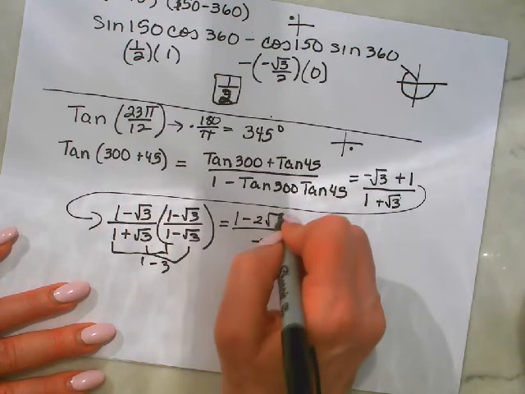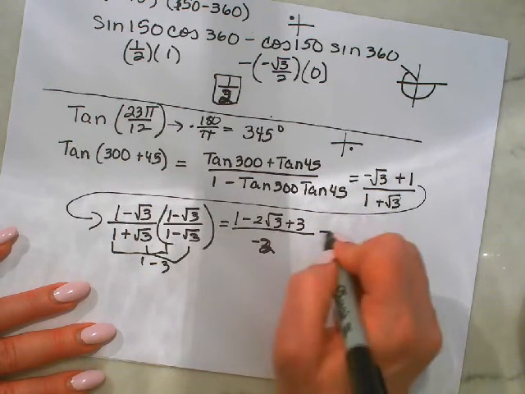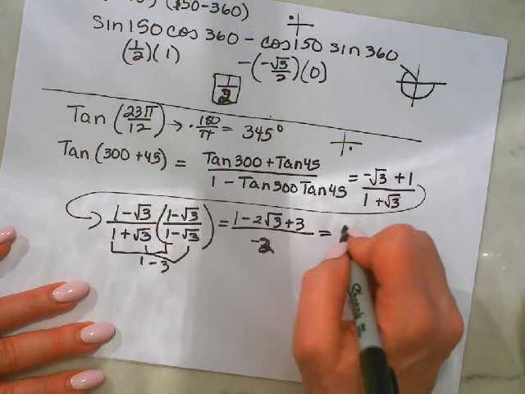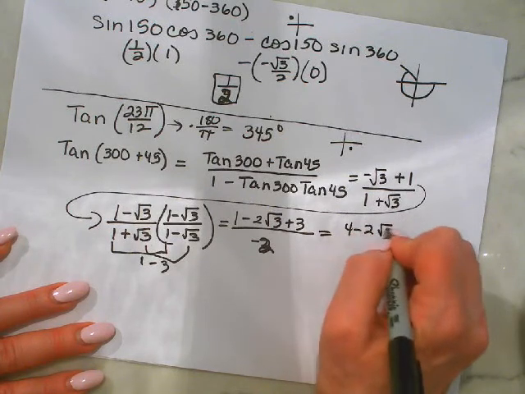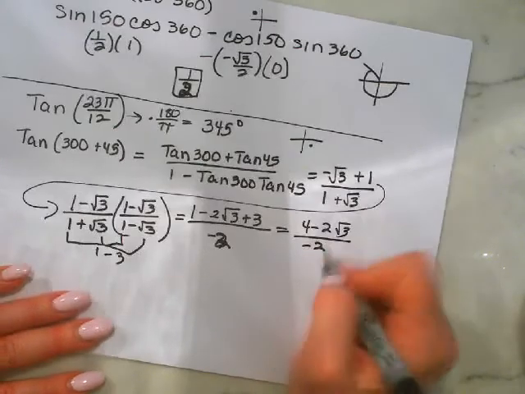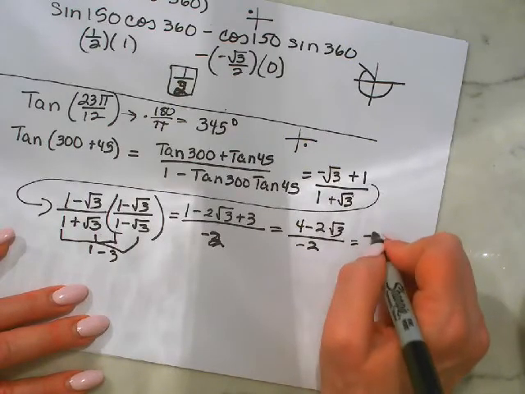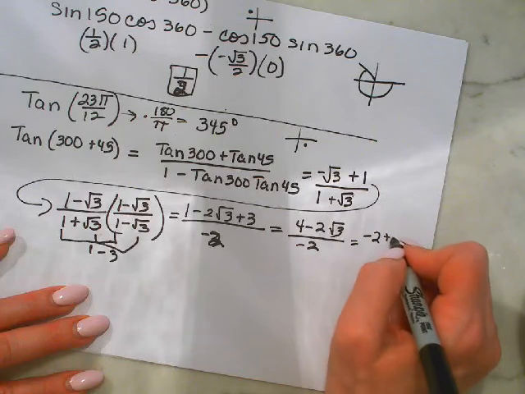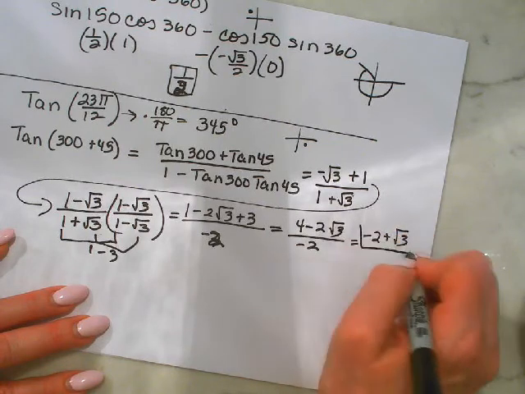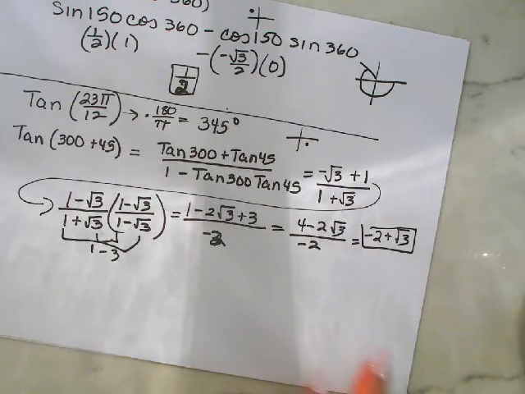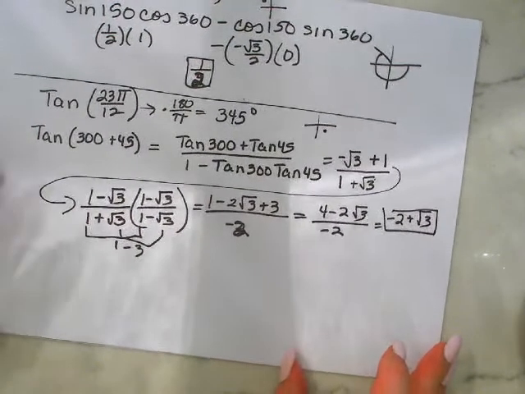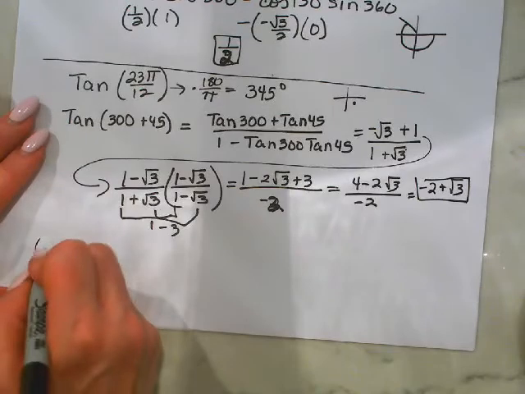Okay, my numerator, when I FOIL that, works out to be 1 minus 2 radical 3 plus 3. This is going to be 4 minus 2 radical 3 over -2. So when I divide everything, it becomes -2 plus radical 3.